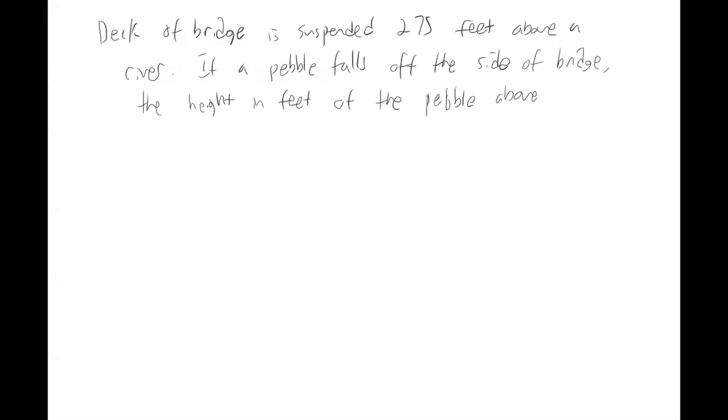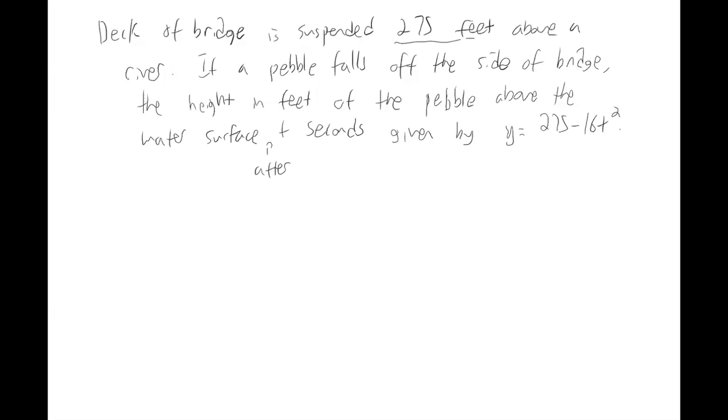And then we're trying to find the height above the water surface after t seconds, given by y equals 275 minus 16t squared. So now it matches the problem, because at time 0 you were 275 feet above the river, and as the pebble falls, the height becomes smaller and smaller, so you're subtracting off something.